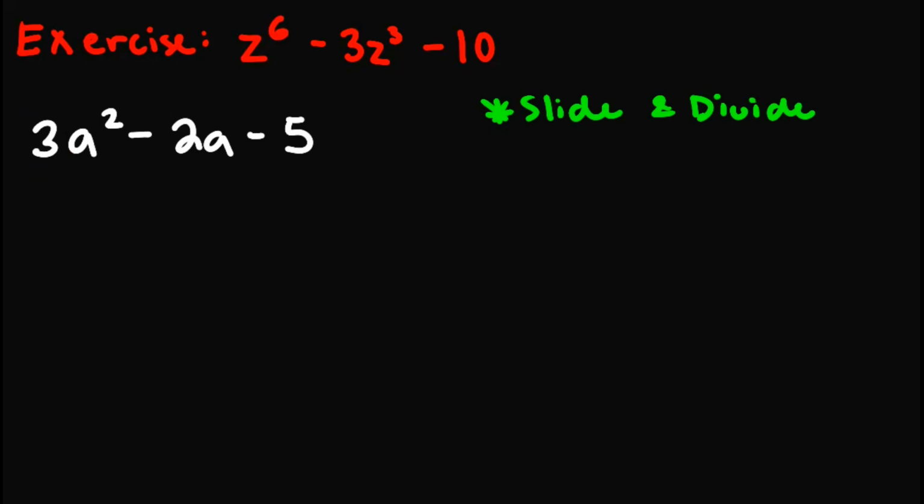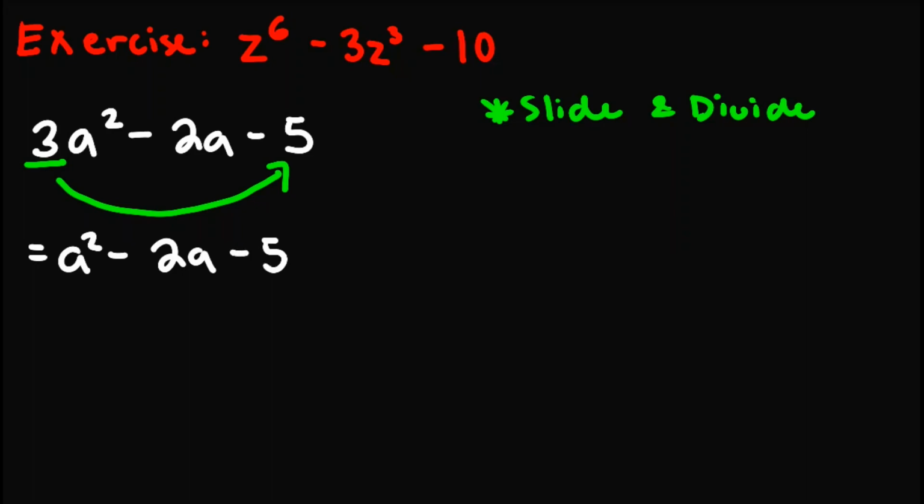So basically, the first thing that we would do is we would slide this coefficient out here into the last term. So we'll multiply it here. So we'll have a squared minus 2a minus 5 times 3.